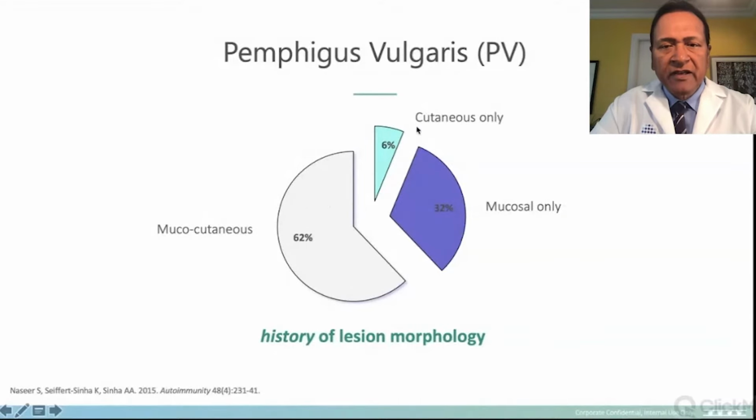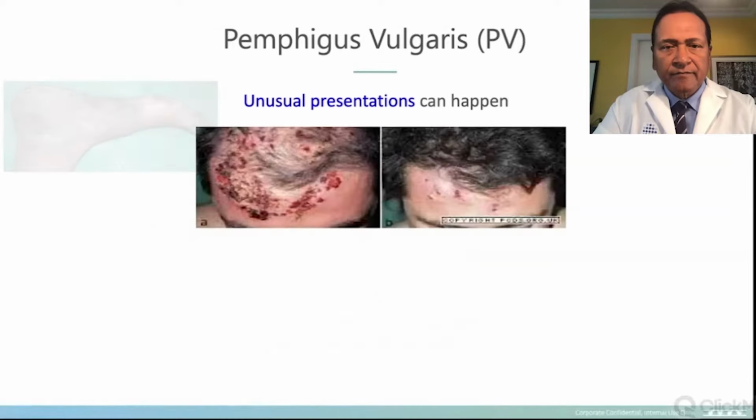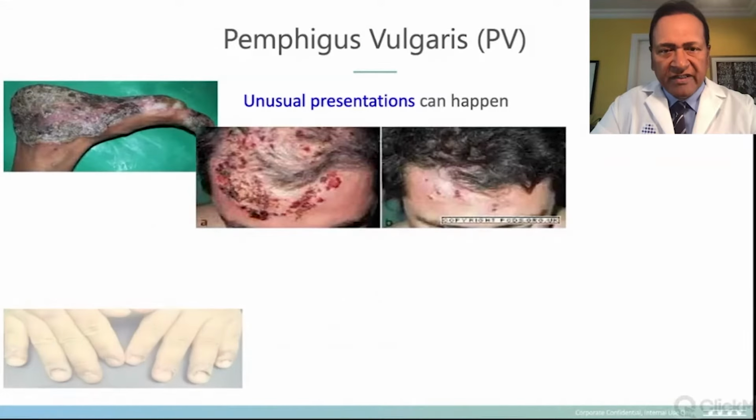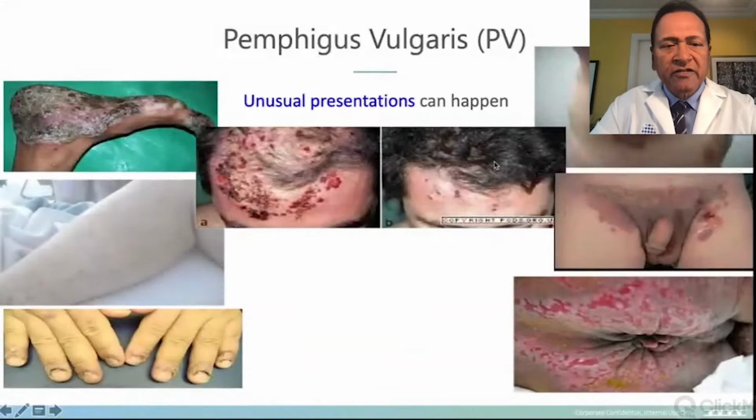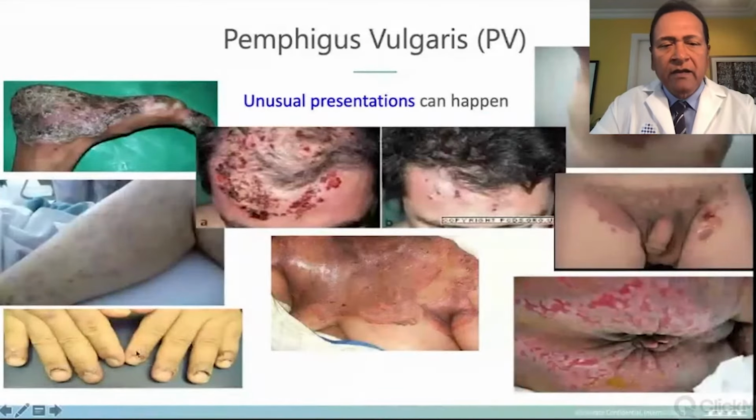And a small percentage have only presented with cutaneous lesions without oral or other mucosal lesions. There can be unusual presentations. So there can be some vegetative lesions on the scalp, surrounding nail pathology, scarring lesions, and inverse lesions, for example, in the axilla, the groin, and anogenital regions.